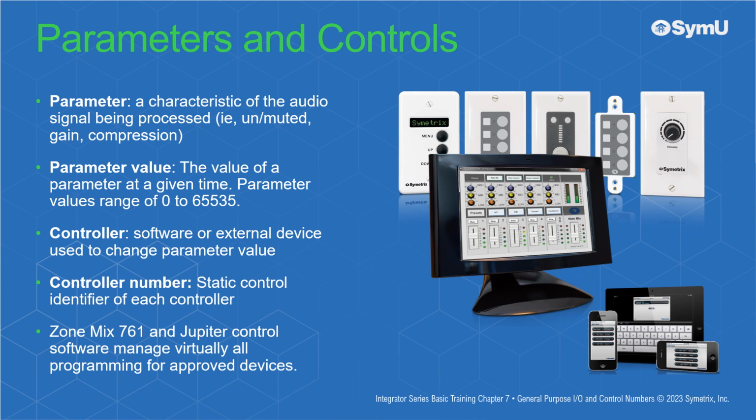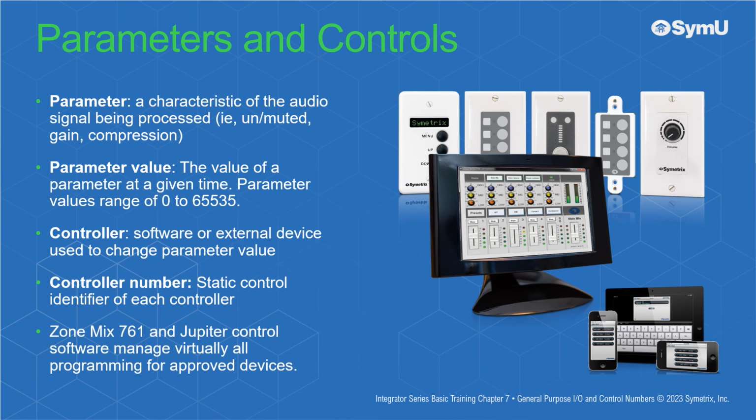We'll refer to controllers as the software's graphical faders, buttons, and fields that are used to design a system, as well as physical external control devices that connect to the DSP either through the ARC port or via general purpose I/O. These are typically installed for end users and may include volume controls, mute buttons, or other devices such as fire alarm systems. In the Integrator series DSPs, each software controller is assigned a static address at the factory.